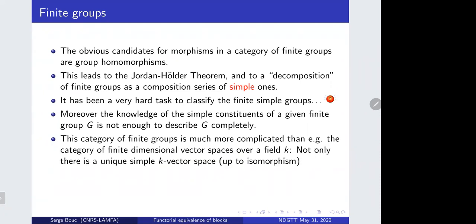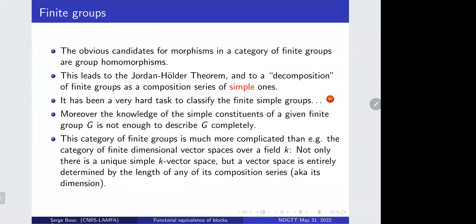There is only one simple K-vector space, which is K itself, up to isomorphism. And any finite dimensional vector space is entirely determined by the length of any of its composition series, which we usually call the dimension of the vector space.